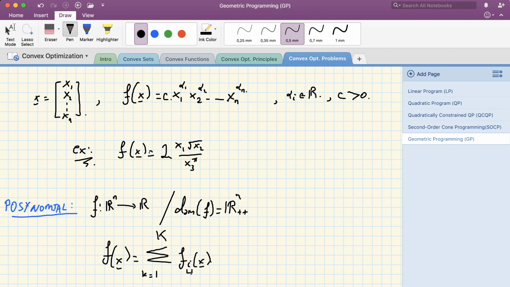So in that case, fi is a monomial, so it has the following form right here. And here we have k sum of monomials, so I've got f1 plus f2 down to fk possibly. And in this case, we refer to a posynomial with k terms.